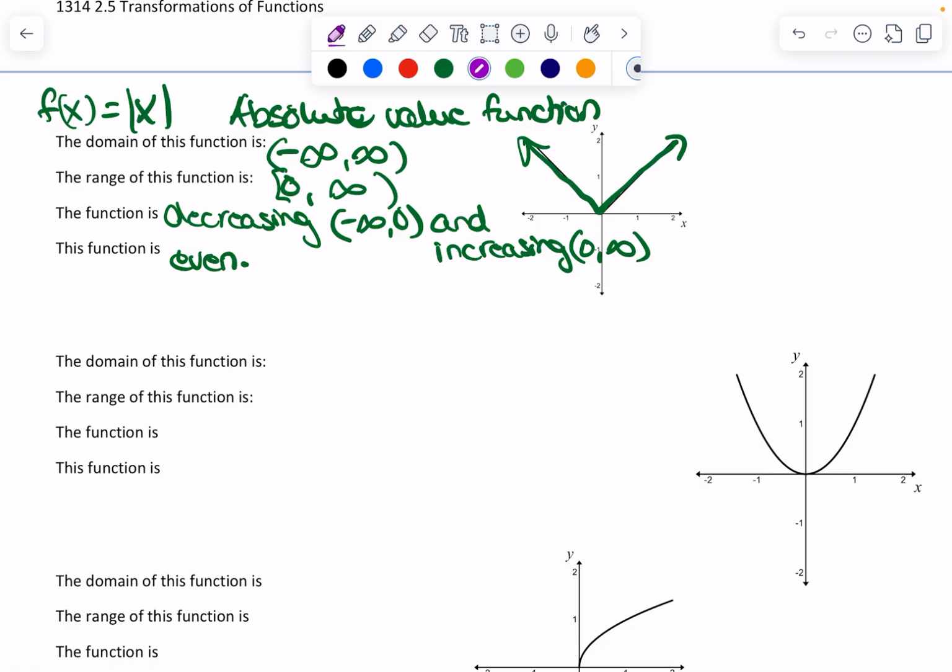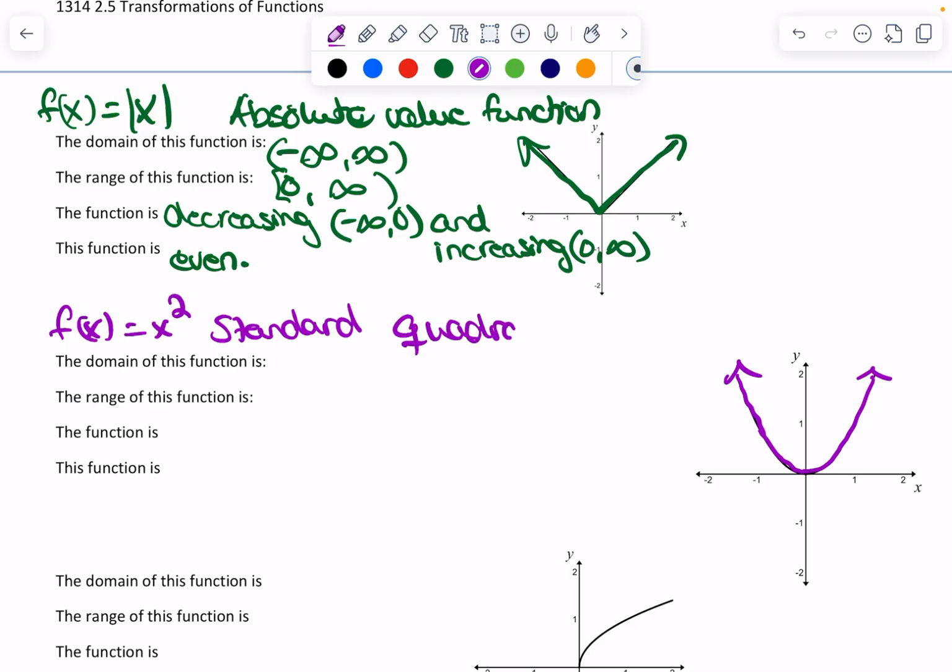Okay, our next function, the graph is this function right here, which is f of x equals x squared, and that is a standard quadratic function.